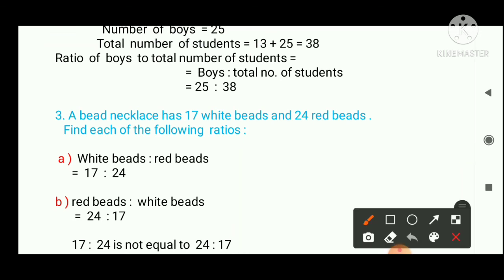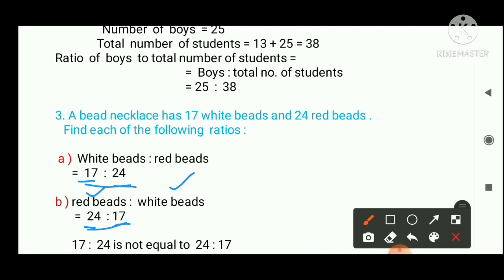See here, in the bead necklace the number of white beads used is 17 and the number of red beads used is 24. So we get its ratio using the symbol: 17 is to 24. Next we have to find the ratio of red beads to white beads. Here the number of red beads is 24 and the number of white beads is 17. So we get its ratio 24 is to 17.